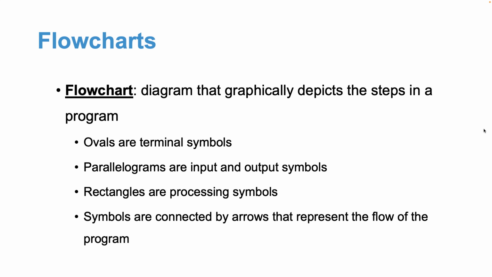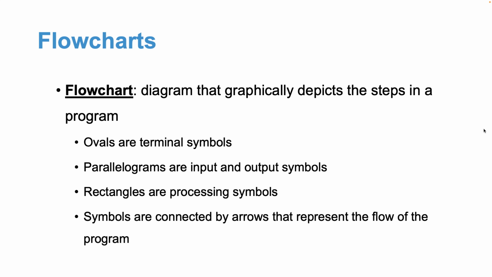Flowcharts, by definition, are diagrams that graphically depict the steps in an algorithm or in a program. There is some formality to how we draw flowcharts, which is a little distinct from pseudocode, where we can use different formats or actually no format. In flowcharts, we use ovals for terminal symbols to start and finish a program.